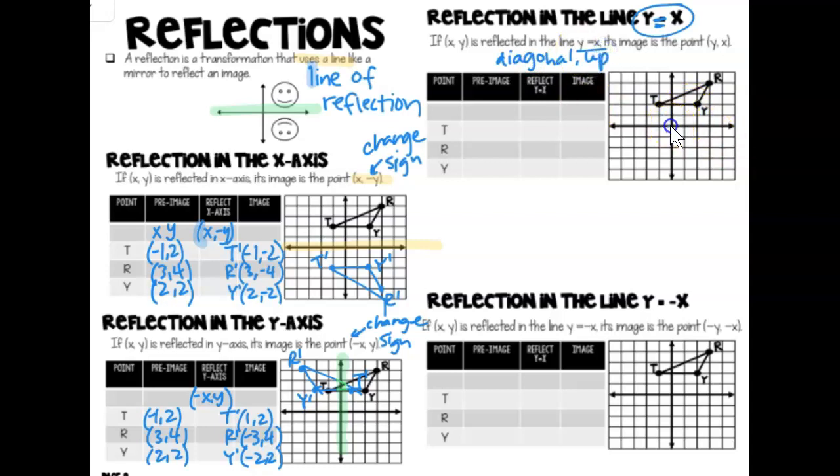So to go diagonal, I want to start at (0, 0). I want to go diagonal, diagonal, diagonal. So up 1, right 1, all the way. And then I can go backwards. So this is the line y equals x.